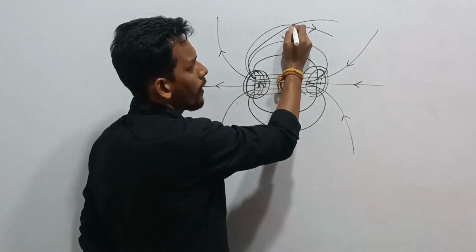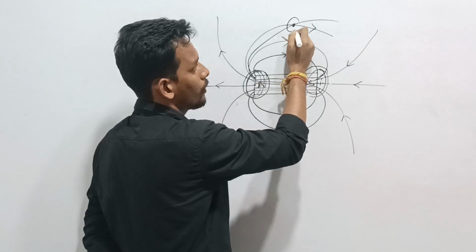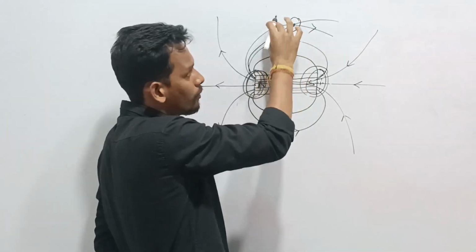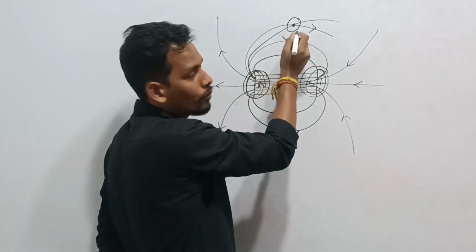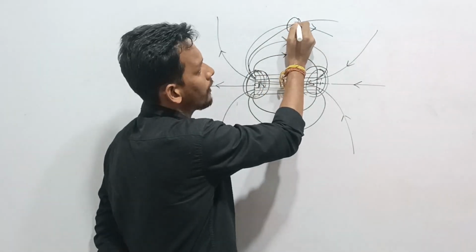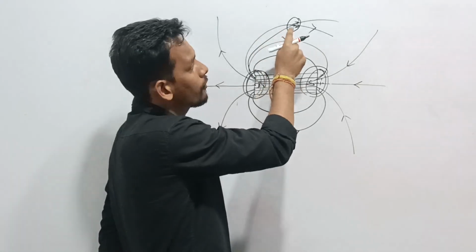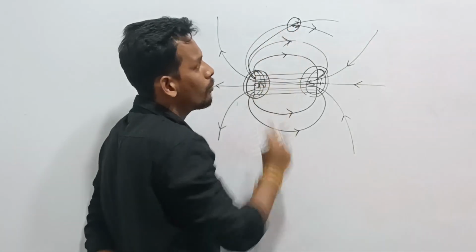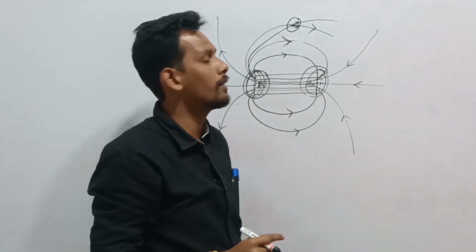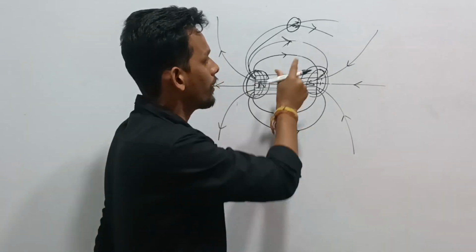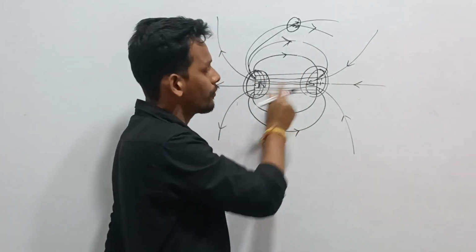If you take one compass here, according to the lines the compass would need to show two directions, one like this and another like this. But for only one compass, that is not possible. That's why two magnetic field lines never intersect each other, which is a very important property of the bar magnet.